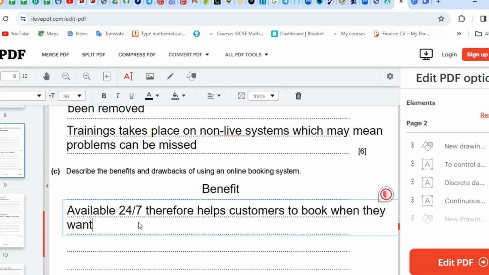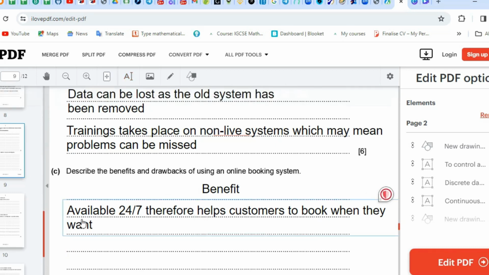That's one of the benefits of an online booking system. Another one is that what?